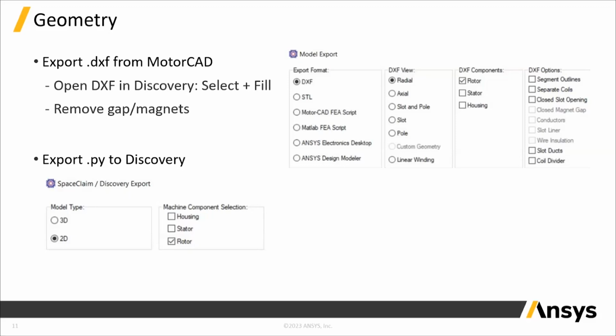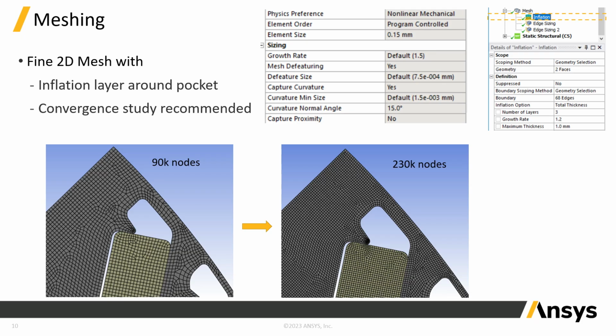Or you can export this AutoCAD design and save it as Python code, and then import the Python code and run the script directly in Discovery without any manual intervention. That's probably an easier way to import geometry.